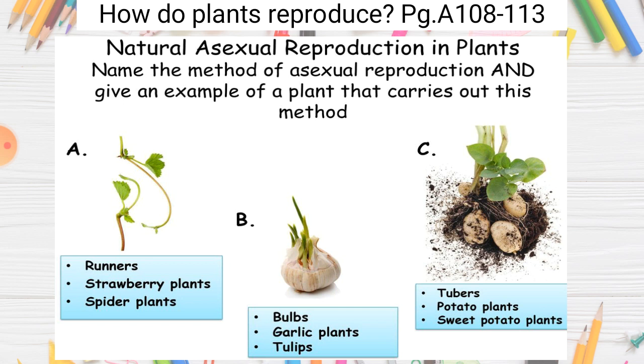As we mentioned, some plants do not need seeds to reproduce. Strawberry and banana plants use the method of runners. Others, like garlic, use their bulbs. And others, like potato plants, can be reproduced using the potato itself.